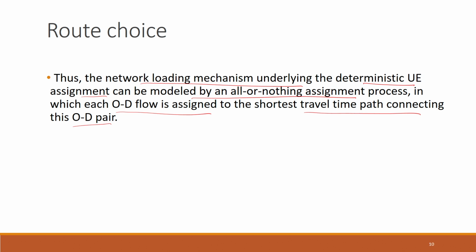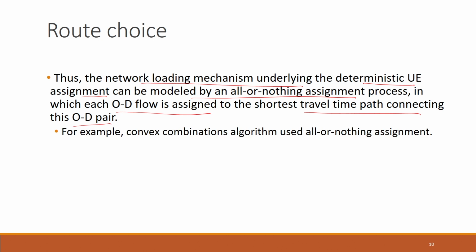For every OD pair, we assign all the flow to the path that has the shortest travel time. For example, in the convex combination algorithm, we used this all or nothing assignment procedure.